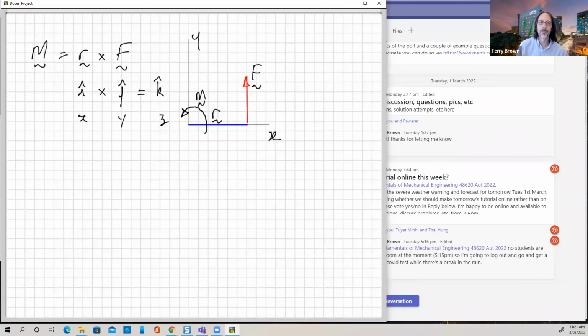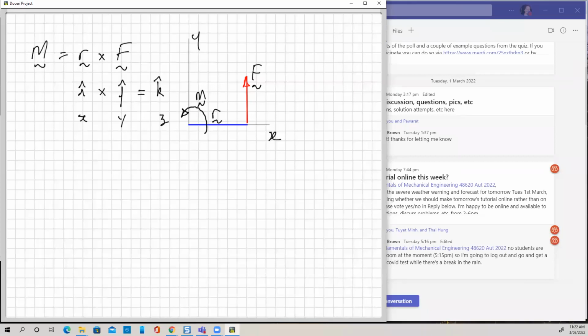So if we go from X to Y, the Z is pointing out this way. Make sense? Yeah, thank you. Yep. It's one of those things.